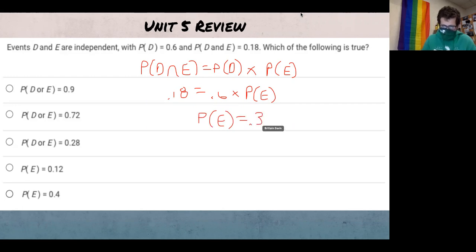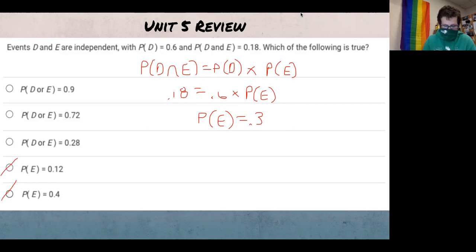Now, events cannot be independent and mutually exclusive. So we already know the probability of E is 0.3, so we can rule these out because those are not what we're looking for.